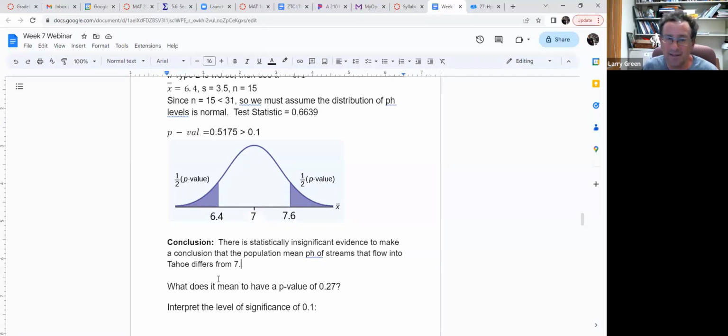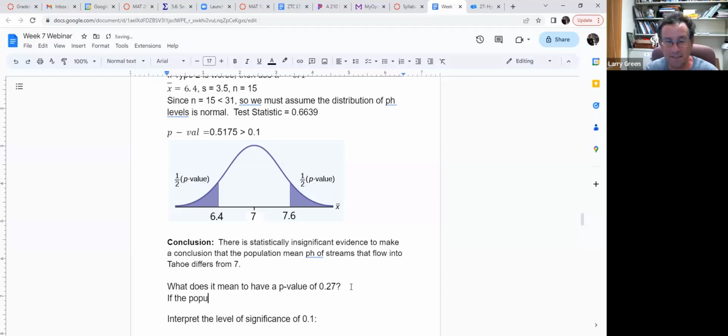All right, so the next is, what does it mean to have a p-value of 0.27? Okay, this is going to be tough for a lot of you. So let me show you what's up. So we start out with restating H naught, with the word if.